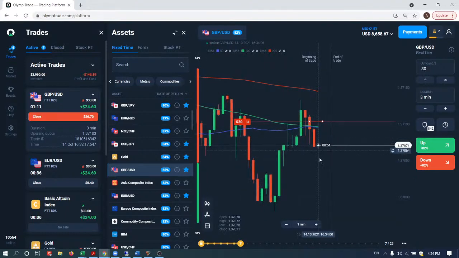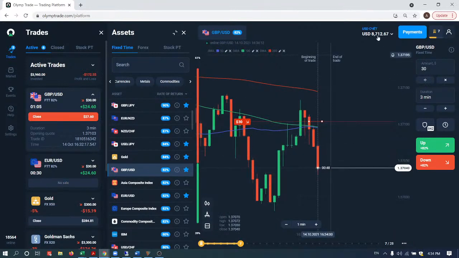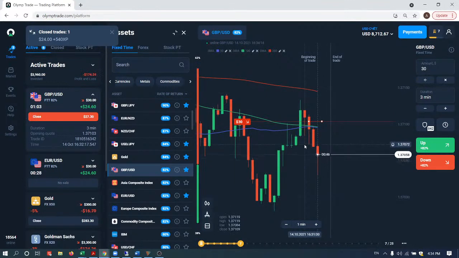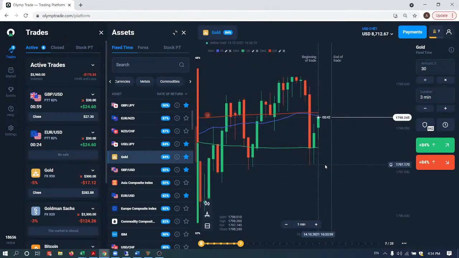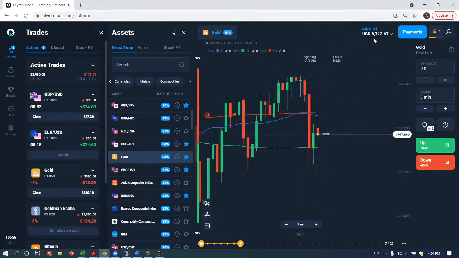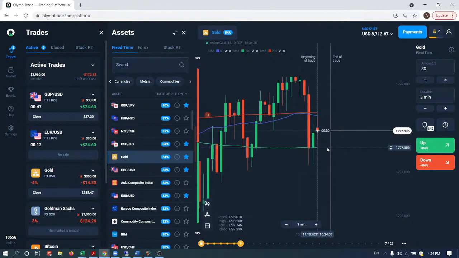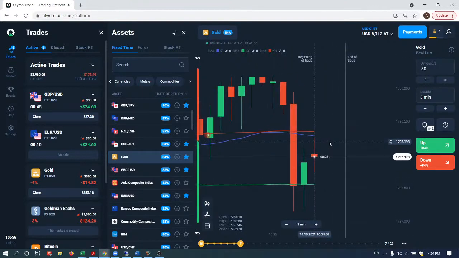So it depends. If you start with say $100 now to go from 100 to 8,000, that's quite complicated, and that's going to take you a lot of time, and that is very, very risky. But if, for example, you start with $5,000, and in order to get to, say, 9,000, you need to have an increase of 80%. That's hard, but that's realistic.